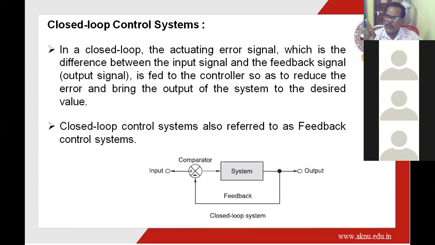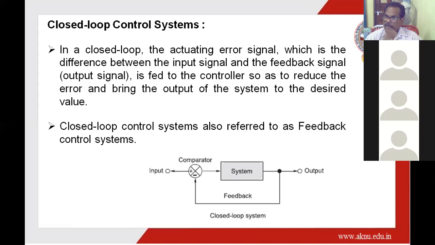When we get the desired output, the error signal or the activating signal generated by the comparator or error detector is 0. That means there is no difference between the reference signal and the feedback signal. If the reference signal is equal to the feedback signal, that means we get the desired output.